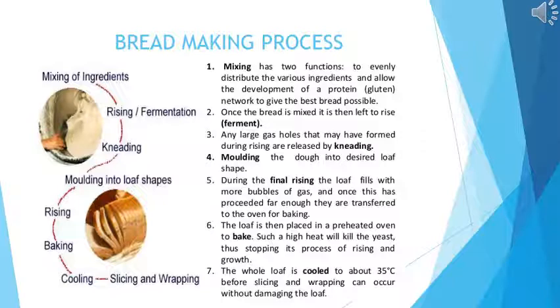During the final rising, the loaf fills with more bubbles of carbon dioxide gas, and once this has proceeded far enough, the loaves are transferred to the oven for baking. The loaf is placed in a preheated oven to bake. A high temperature will kill the yeast, thus stopping its further rising and growth. The whole loaf is cooled to about 35 degrees centigrade before slicing and wrapping can occur without damaging the loaf. The holes that we see in the bread are due to the carbon dioxide produced during the fermentation of glucose.